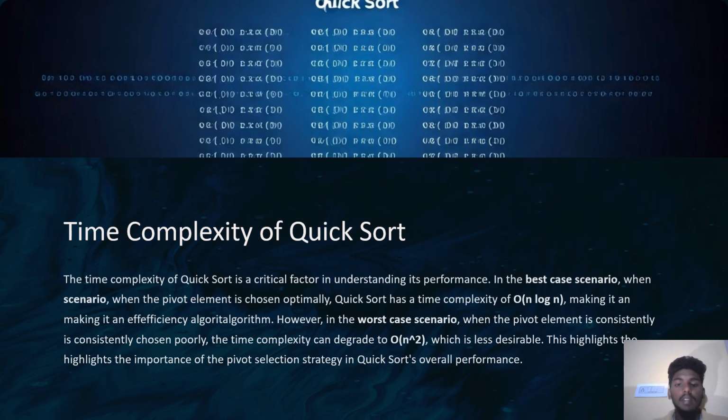However, in the worst case scenario, when the pivot element is poorly chosen, the complexity can degrade to O(n²), which is less desirable. This highlights the importance of pivot selection in Quicksort's overall performance.